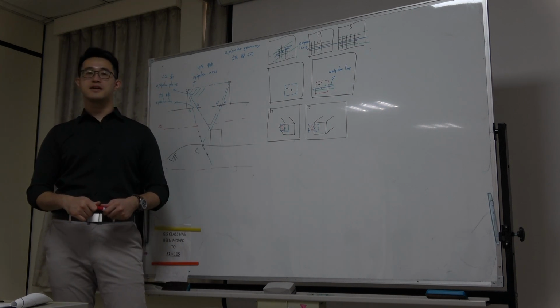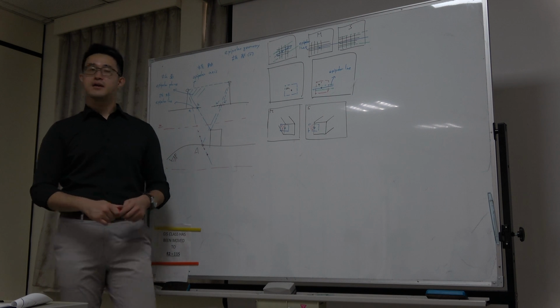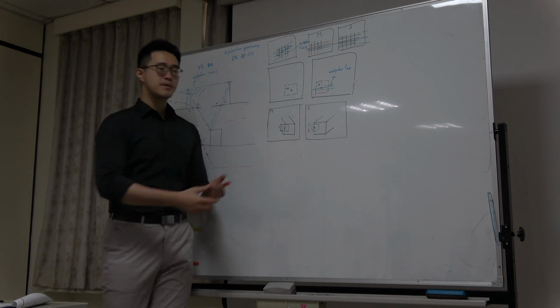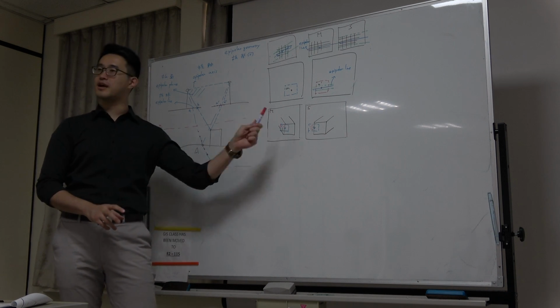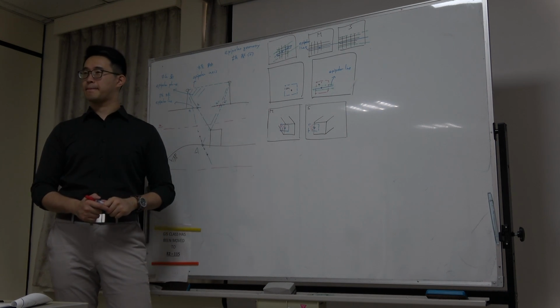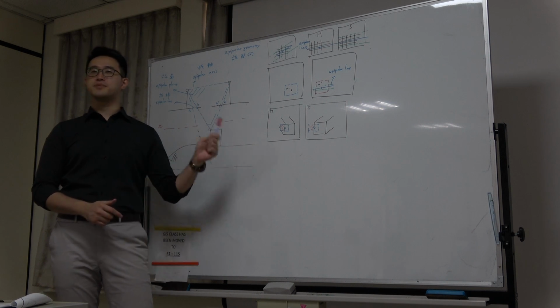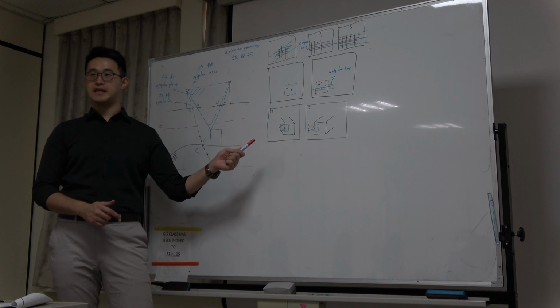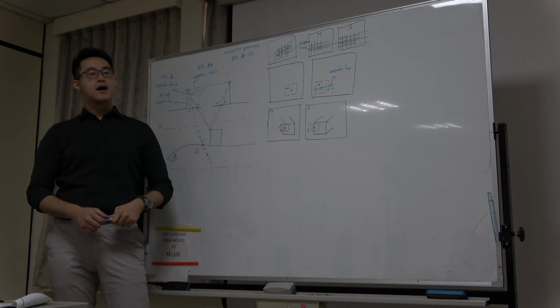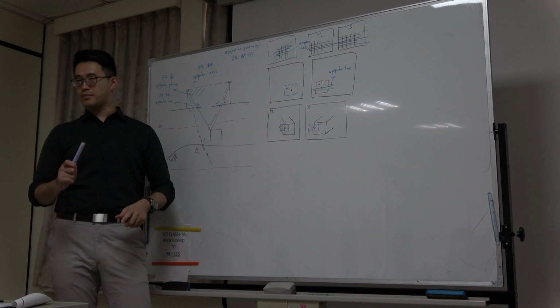Then if you calculate the similarity between these two windows, maybe the similarity is not so high, even if it is the correct conjugate point. So the problem is from the relief displacement. Okay, so that's the problem.